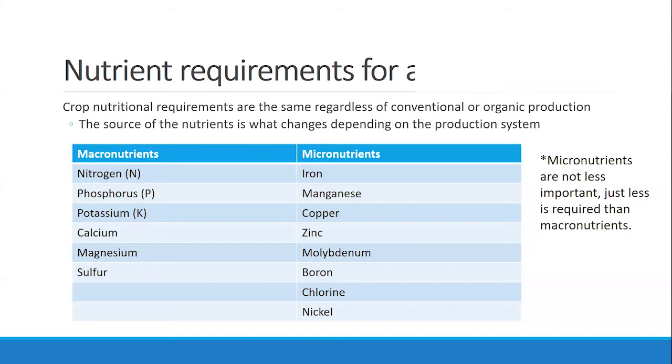And if there's a deficiency in a micronutrient, typically it will show up in the plant, and a lot of times by the time the grower sees that symptom, it's often really hard to change later on. And this goes not just for tomatoes, but for other vegetable crops as well.